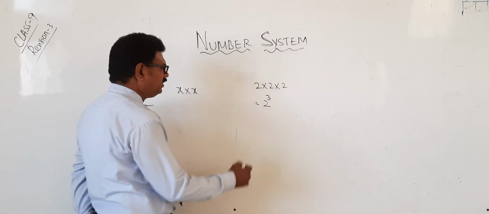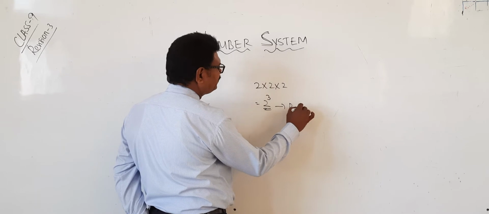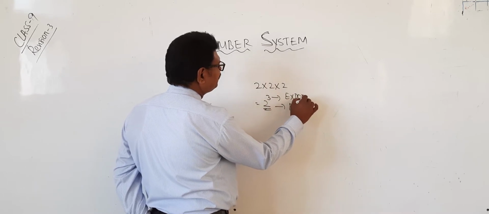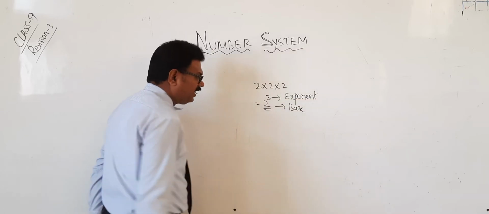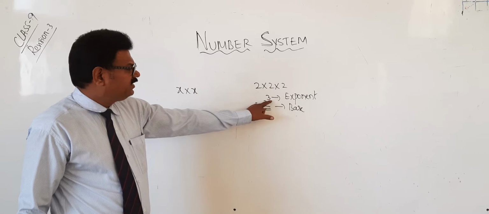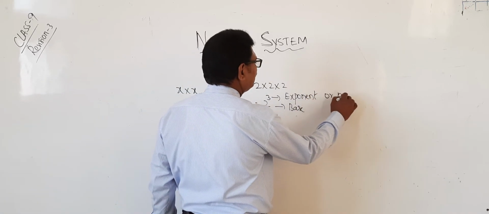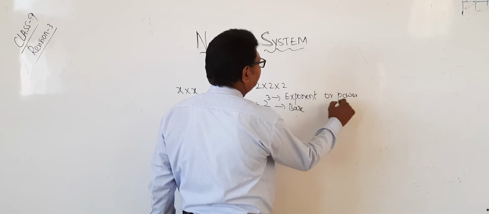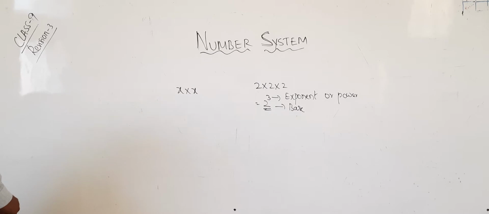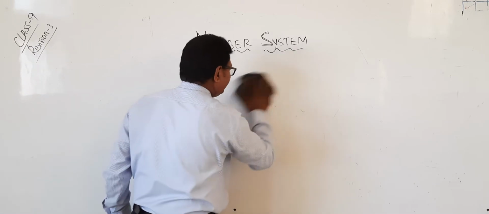So this 2 is nothing but the base and this 3 is known as the exponent or power. So we study some of the laws of these exponents.